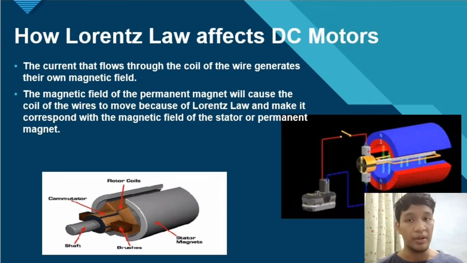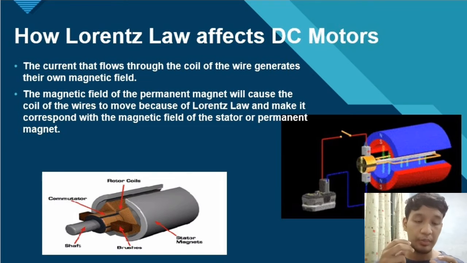For example, a motor without an external magnet is useless because it has no force to move, so it stays stationary where it is. But if a magnet is placed near the coil wire, the wire will react by moving itself using the Lorentz law, as stated in the first slide, making it correspond to and follow the magnet's magnetic field.